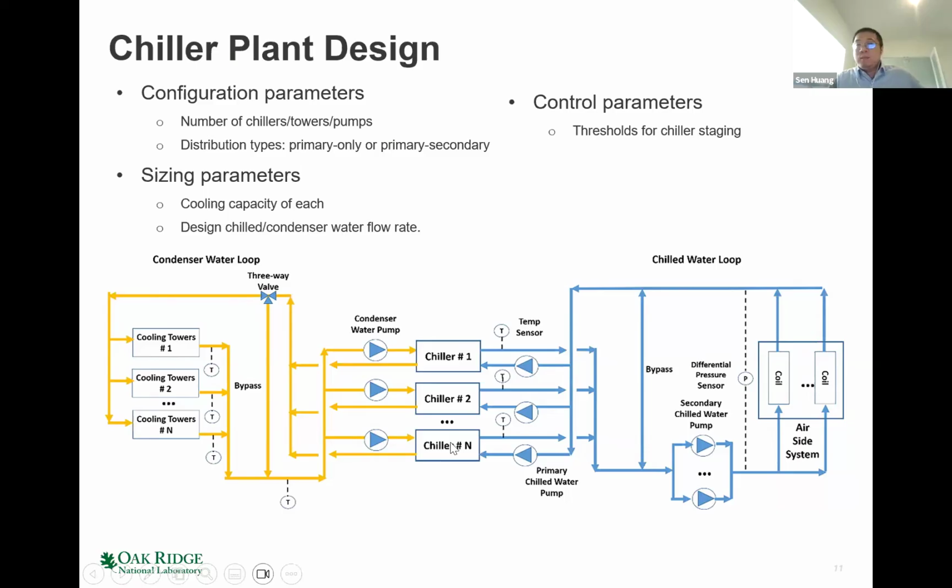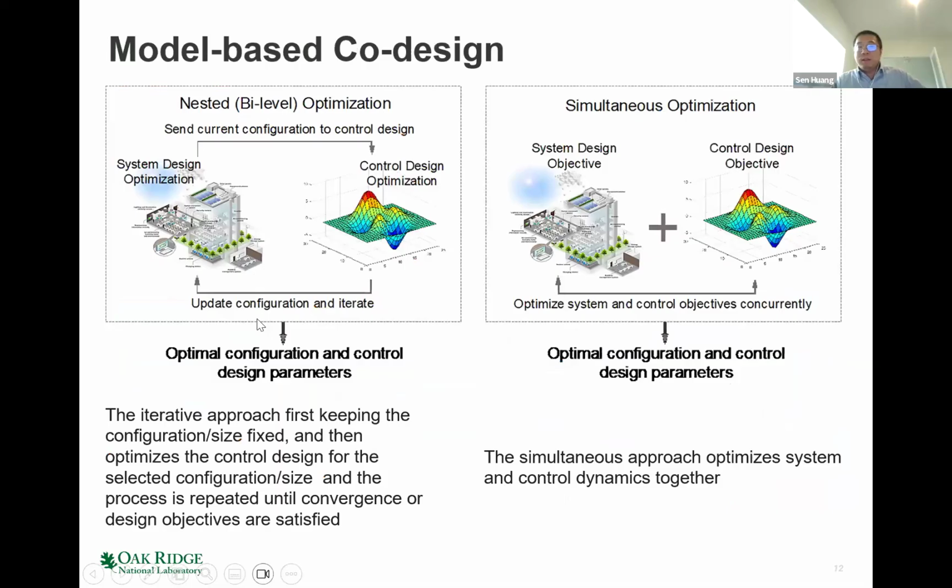So in the past, when we're trying to determine the parameters, we tend to utilize what I call a nested optimization process. Basically, we first determine, for example, the configuration or design, and then we go to the controls, which we call a control tuning process.